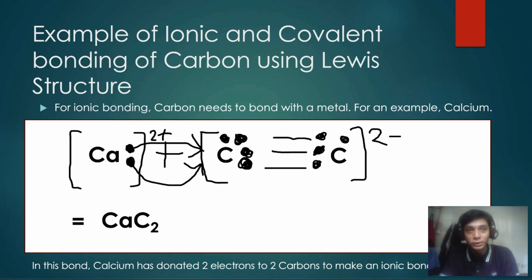Carbon has 4 valence electrons, but it's not enough to make it stable. So there are 2 carbon instead. In total, they have received 8 electrons, which makes 10. And so calcium carbide was made.